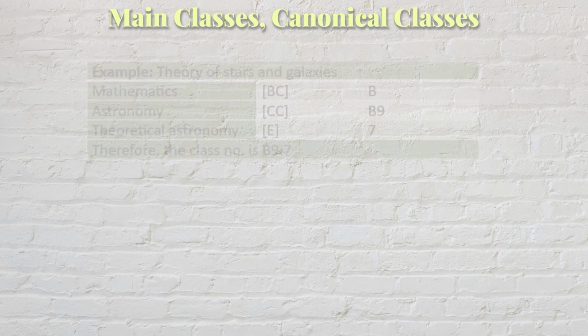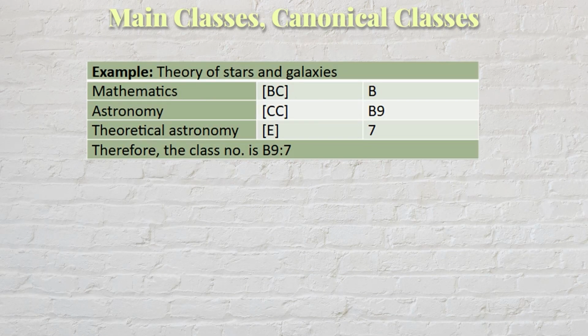Here we present examples of canonical classes, such as in mathematics, basic class, the notation is B. For astronomy, the canonical class of mathematics, the notation is B9, and therefore the theory of stars and galaxies will be classified as B9 7, that is theoretical astronomy. That is, theoretical astronomy comes under the energy facet of astronomy canonical class.